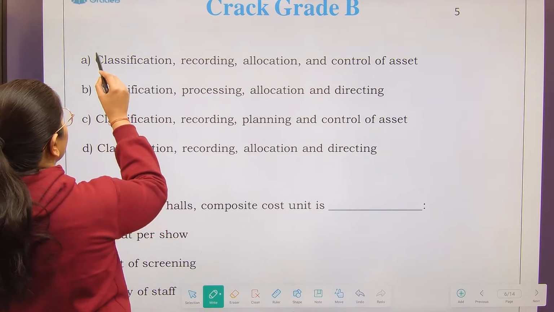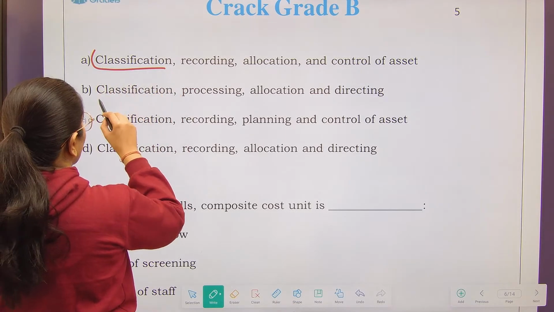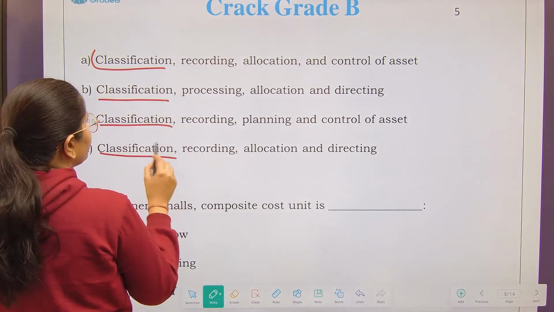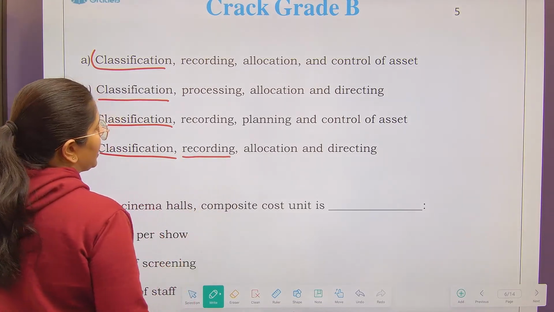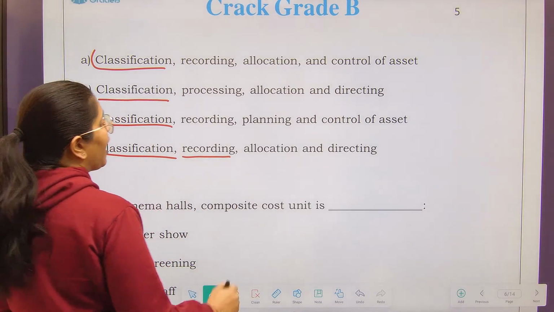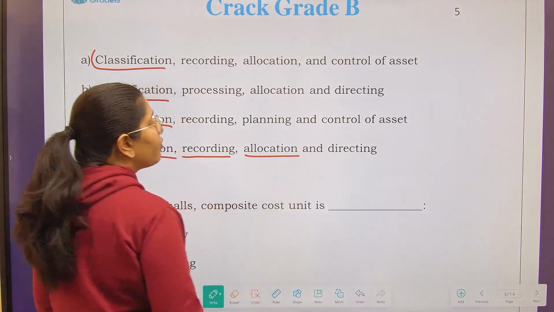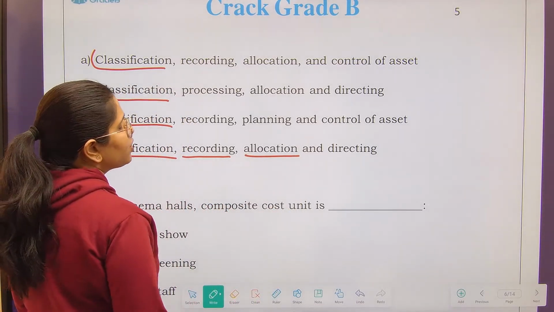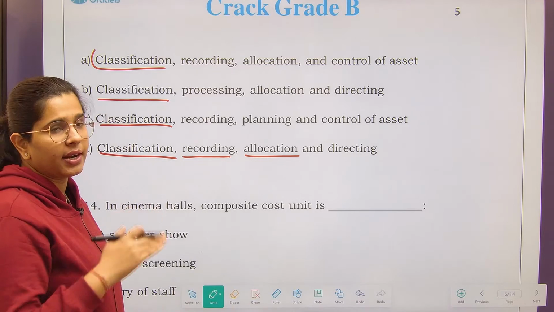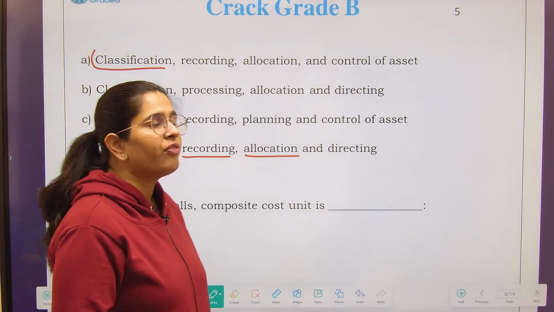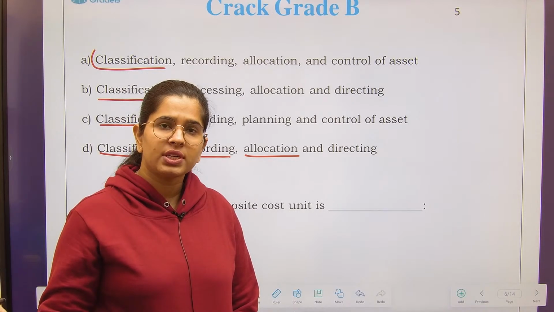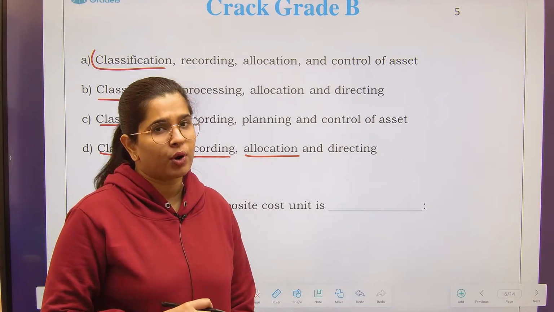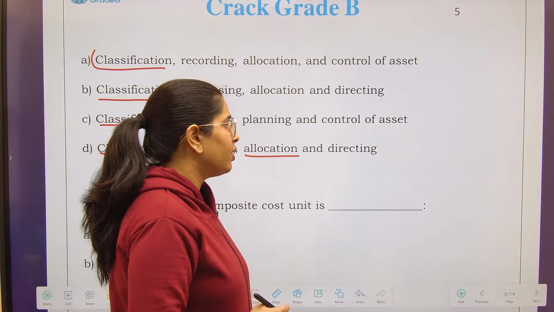Can I see that classification is common in all of these? Yes, we do the classification. Next, yes, we do the recording as well. We record the transaction. After that, in costing, we do the allocation. Till the allocation it is right, because we incur a lot of indirect cost and hence we have to allocate those indirect costs onto the products. This is called allocation.